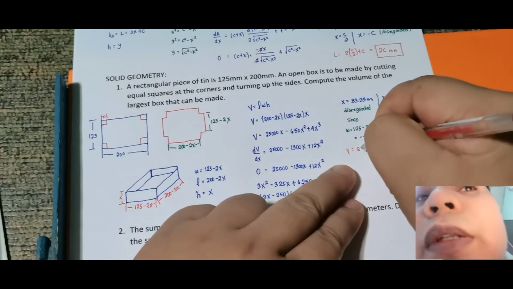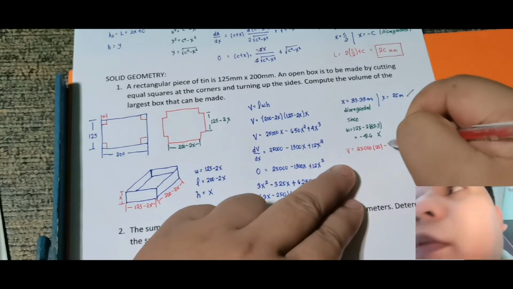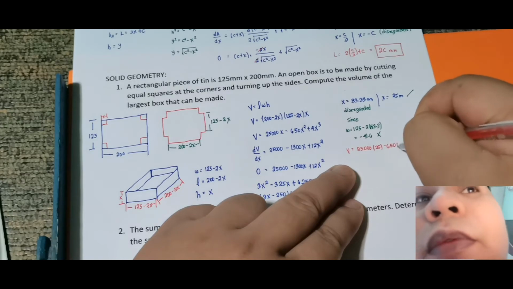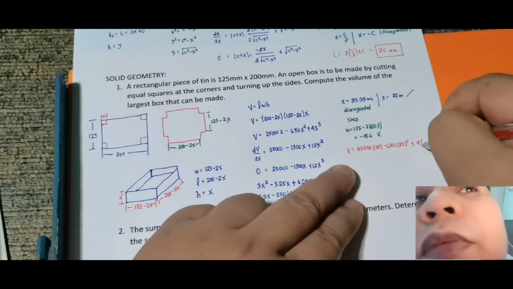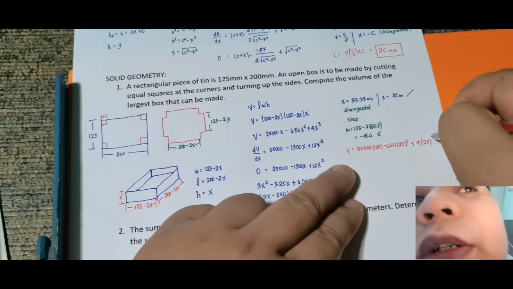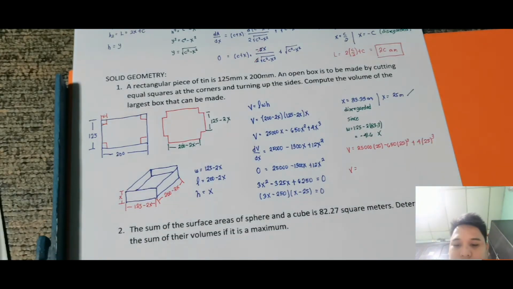So this is 25,000 times 25 minus 650 times 25 squared plus 4 times 25 raised to 3. We can calculate that.